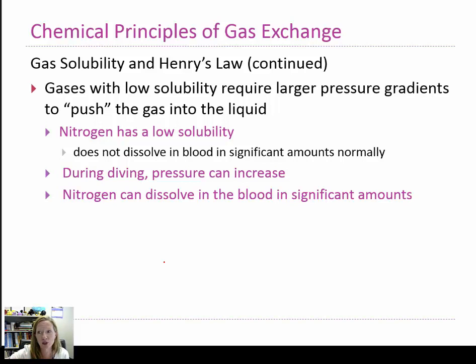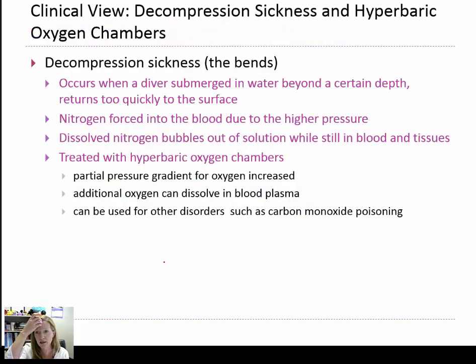You're not releasing pressure, but you are ascending, and that means that there's a pressure decrease. And so when that happens, nitrogen is just going to start to escape from the liquid, and if you come up too fast, it escapes so quickly that all of these nitrogen bubbles collect in different places. They collect in the joints, and they can collect in parts of the brain and stuff like that.